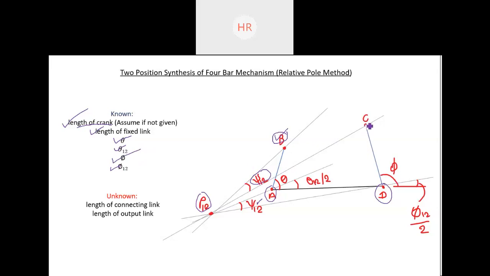That line will intersect this projection line at point C. So now we have got this point C. So connect all the points A, B, C, D. So we will complete our mechanism, and by scale you can measure the distance between point B and C. We will get the length of the connecting link, and measure the distance between point C and D. So we will get the length of the output link. So this is how the two position synthesis problem of a 4-bar mechanism is solved by using the relative pole method.